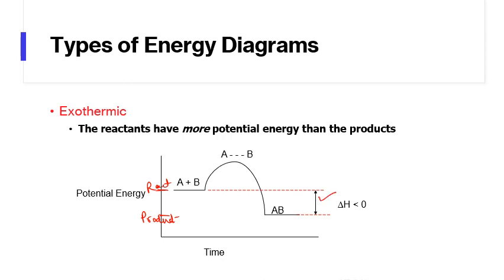So that will be our enthalpy change, which is going to be a negative value because product minus reactants will give you our delta H value. So products have a lower energy than the reactant, so the delta H value will be negative.